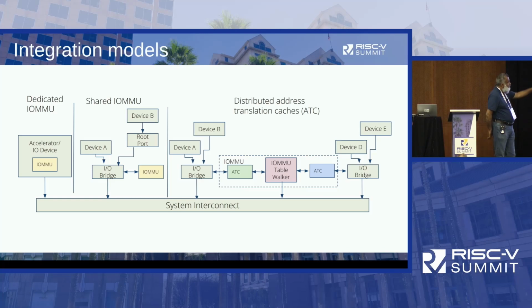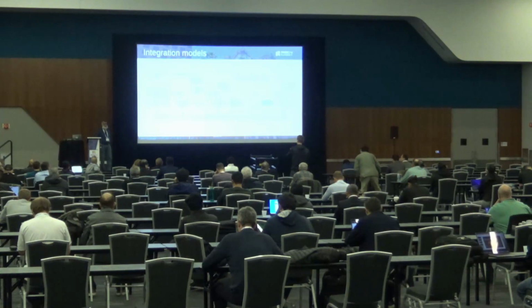But if any of those address translation caches have a miss, then they ask a common shared page table walker to go find that address translation for them and provide the translation back to the cache. Oh, okay. So this allows you to distribute the ATCs, but still have a centralized page table walker. So it works as one unit, essentially. That's right. Yeah, okay. Thanks for the clarification.